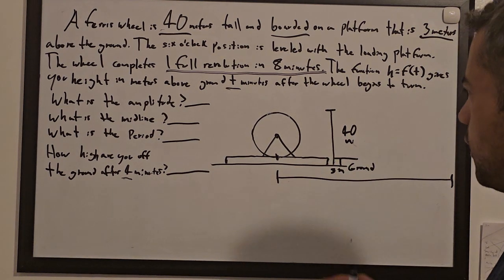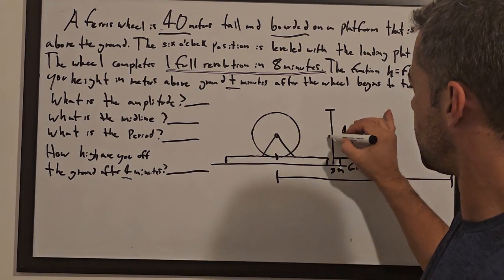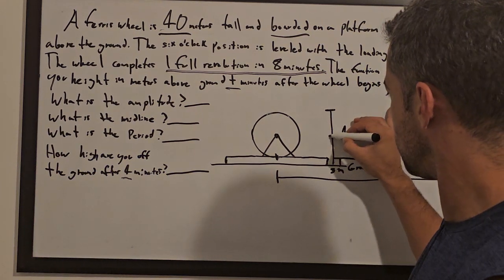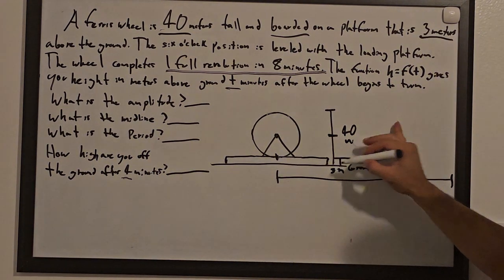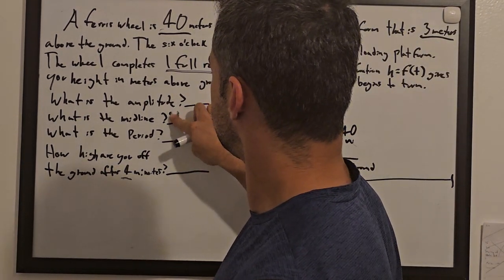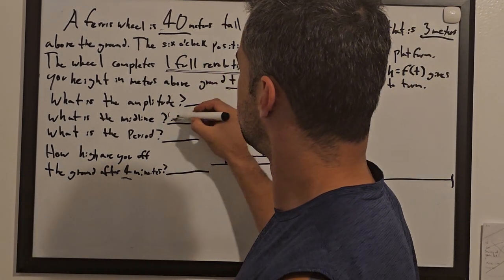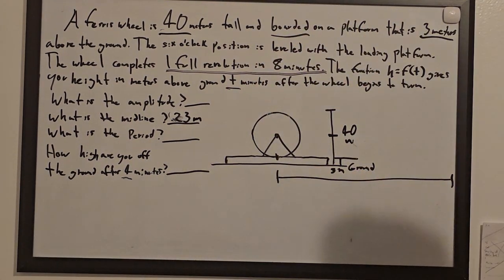So based on this, we can see that the midline, the middle here, half of 40 is 20. Now add this 3, then we have 23 meters. We found one thing.